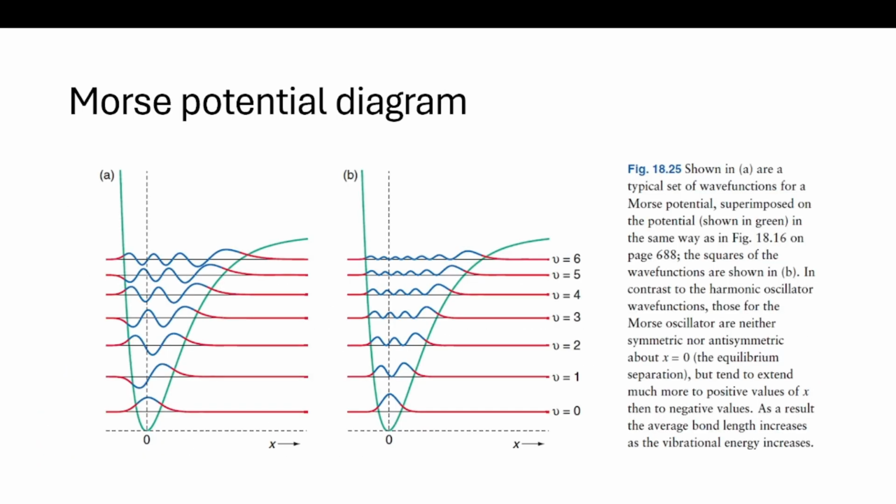And in fact, you can see a set of wave functions from the Morse potential contrasted to the harmonic oscillator wave functions. The Morse wave functions are on your left, and the harmonic oscillator ones are on the right.